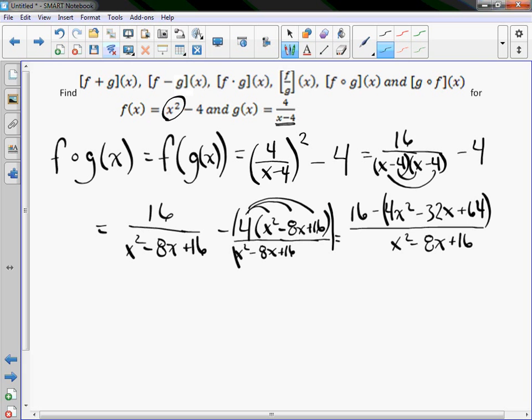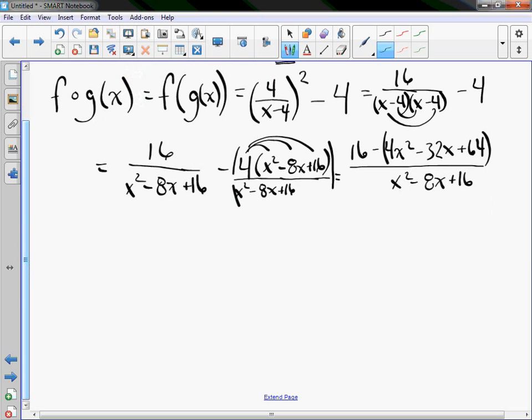Now I need to change some signs. I added a step to this process that I probably didn't need. 16, nope, it's going to be a minus 4x squared. And then distribute that negative sign to each one of these. So then it's plus 32x minus 64.